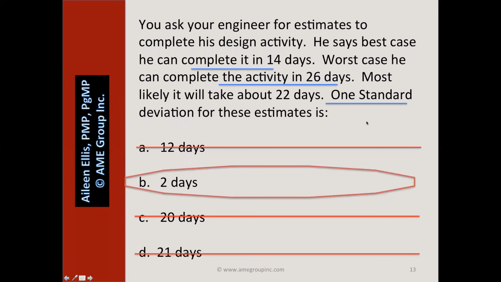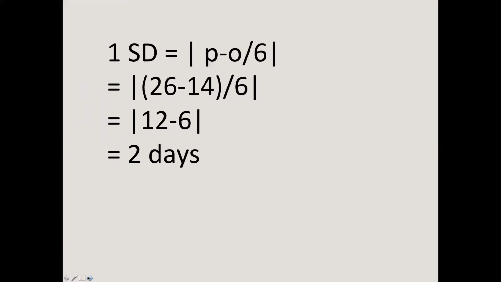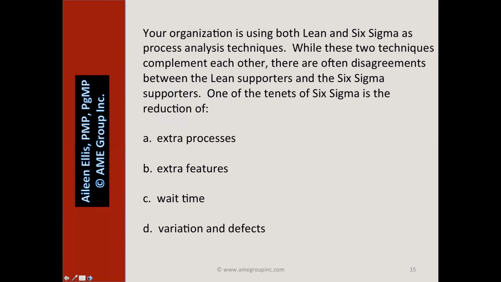The tricky part of the question is it's not asking you for PERT. I'm sure many of you did the PERT calculation. It's asking for one standard deviation. Will this equation be needed for the PMP exam? I don't know if it will or not. Again, I'd rather be a little bit overkill than underkill.